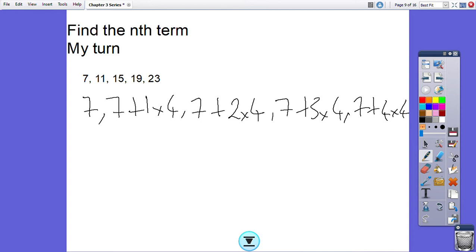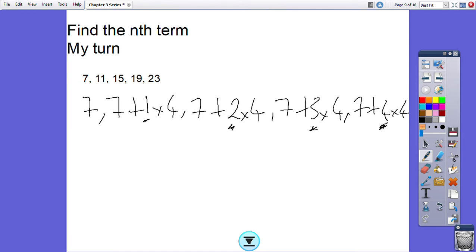If we were to carry on this pattern forever, you'd see that the second term we have a 1 here, the third term we have a 2, the fourth term we have a 3. It's always 1 less, fifth term 4.